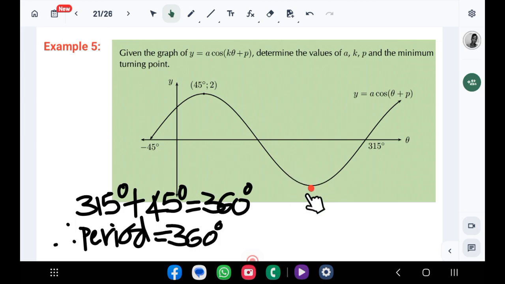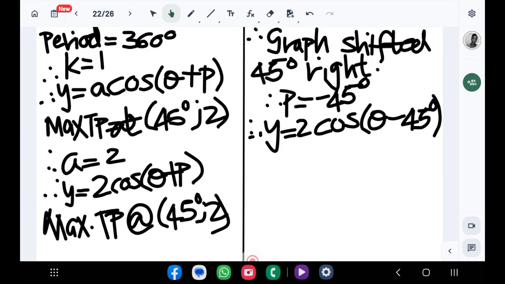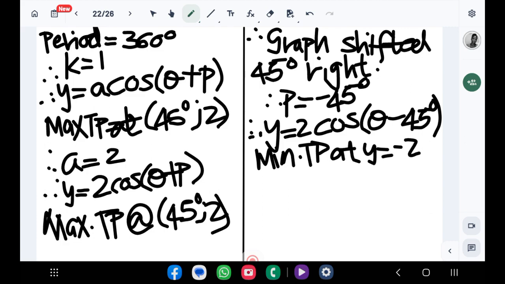turning point will be at negative 2, all right? The y-coordinate of the turning point will be at negative 2. So what we do is we substitute that, the minimum turning point at y equals negative 2. So let's substitute that.